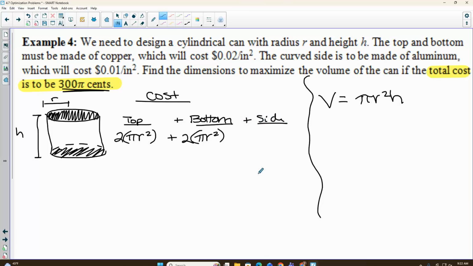Then we need the side. All right. We have to think about the area of the side. So think about when you have a soup can. If you take the label off, so you unpeel that label, what shape is it? Rectangle. How do we find the area of a rectangle? Okay. The length is this distance, right? That's the distance around the outside of the circle, the circumference. How do you find circumference of a circle?